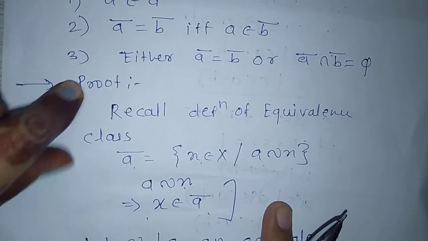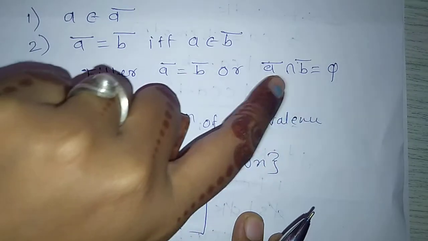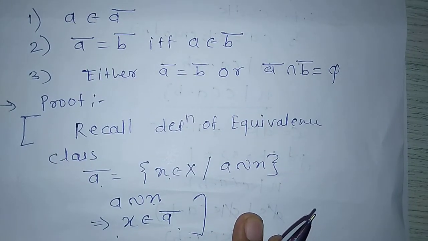Now third, either A bar equals B bar or A bar intersection B bar equals phi.